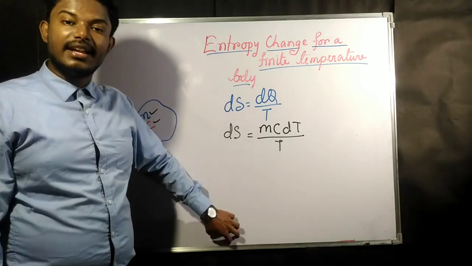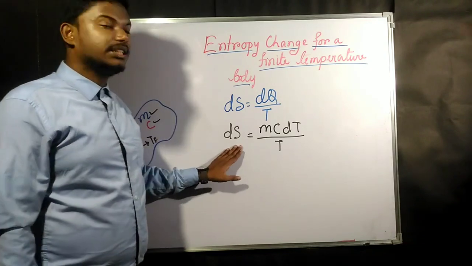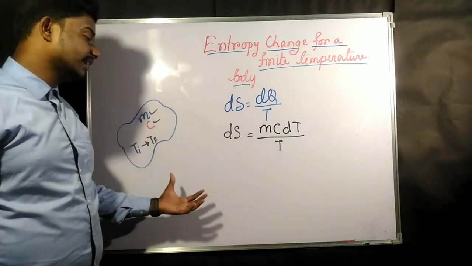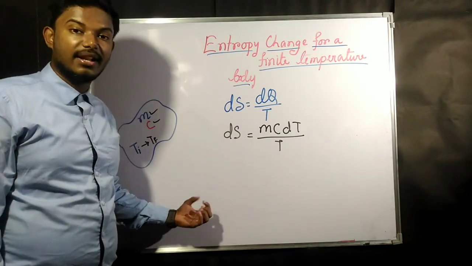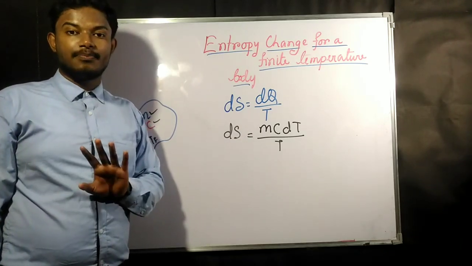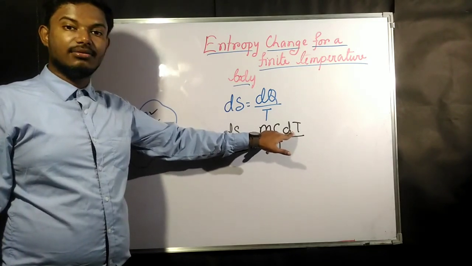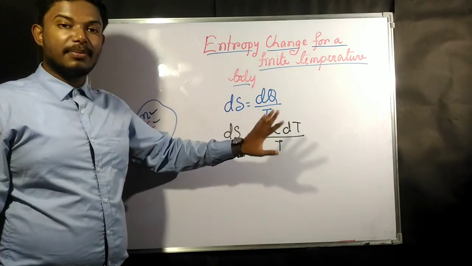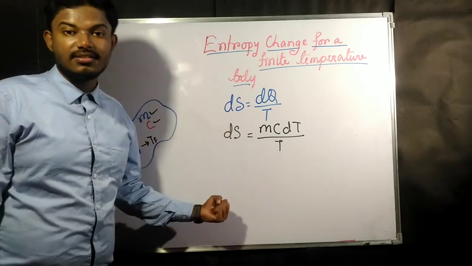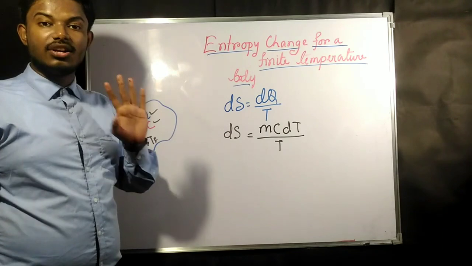We kept T1 the same and did not integrate, because the temperature at which the heat was given out was the same; there was no dT, but some heat was coming out.